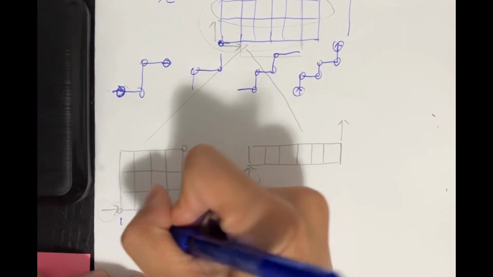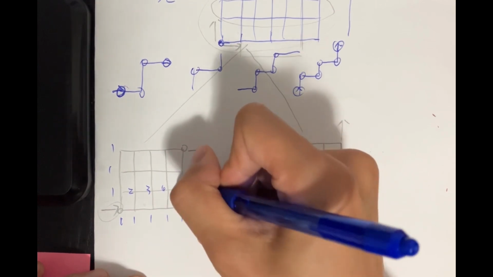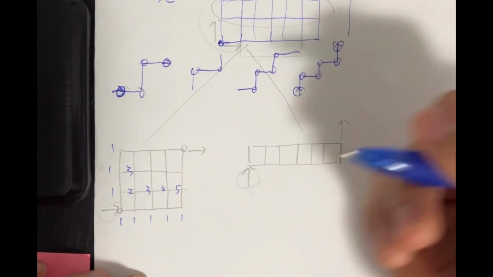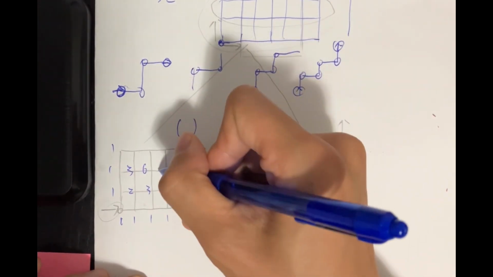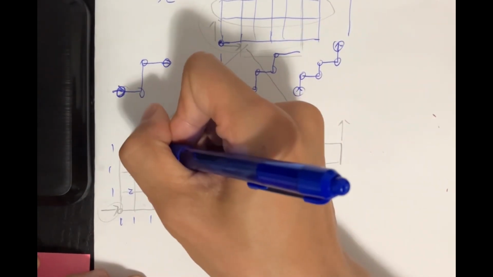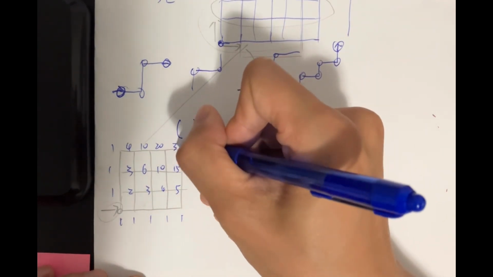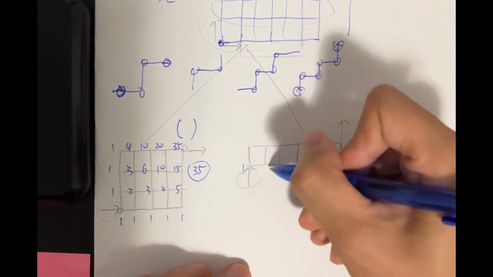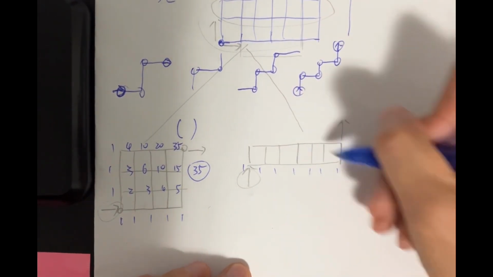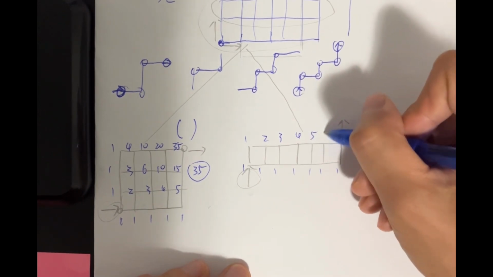1, 1, 1, 1, 1, 1, 1, 1, 1, 2, 3, 4, 5, 3. Okay. You can also use this kind of a way, but whatever way works, because it's not a huge number. 20, 35 over here. Okay, 35 for this part, and here 1, 1, 1, 1, 1, 1, 1, 1, 2, 3, 4, 5, 6, 7.